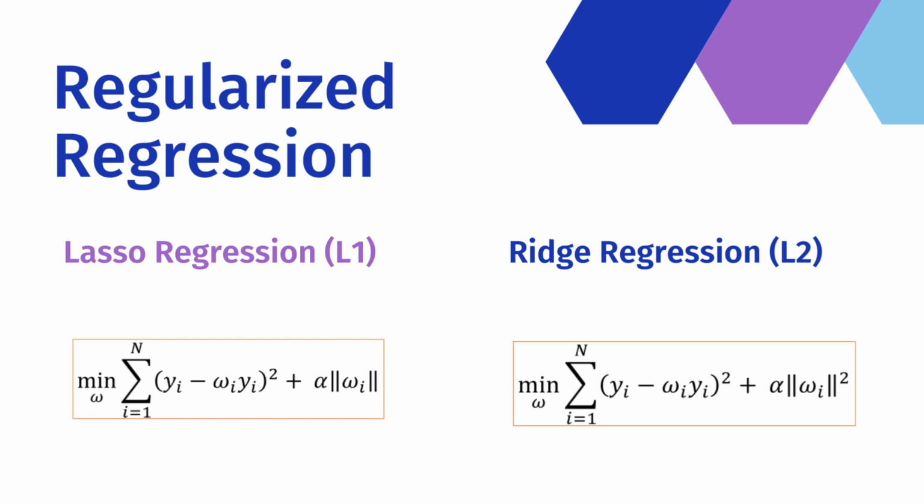In Lasso regression, the regularization term uses the magnitude of the coefficients, as shown in the equation alpha times the sum of the absolute values of omega i. In Ridge regression, the regularization term uses the square of the coefficients. That's why Ridge regression is sometimes also called L2 regression, whereas Lasso is called L1 regression.